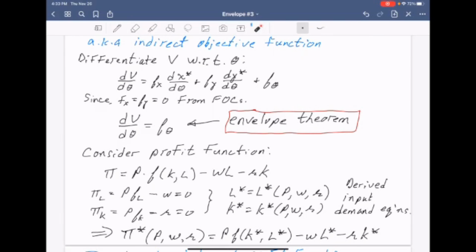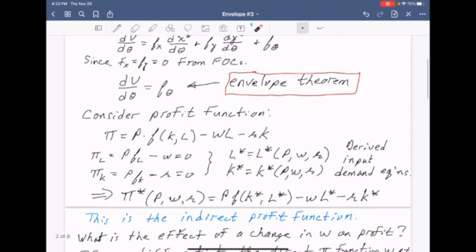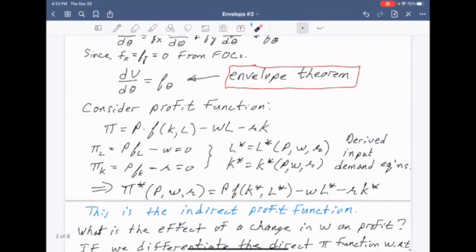Now, consider the profit function. So here we have an unconstrained maximization problem. Profit is price times the production function, f of capital and labor, minus the wage times the amount of labor, minus the rental times the amount of capital. So W and R are the input prices.